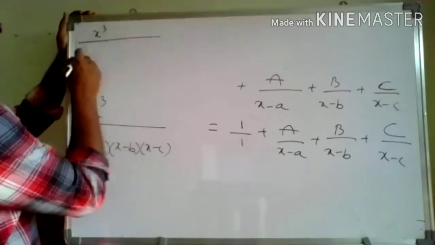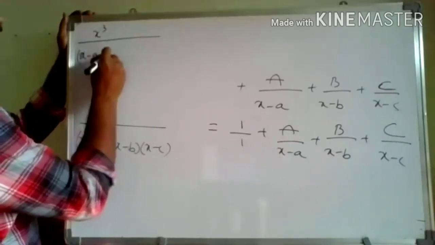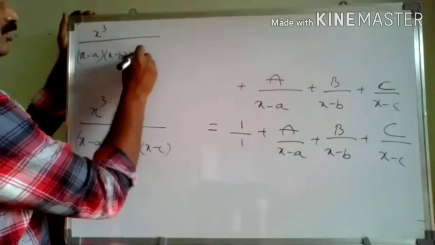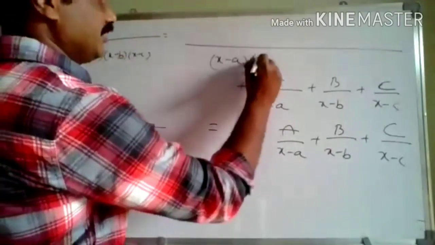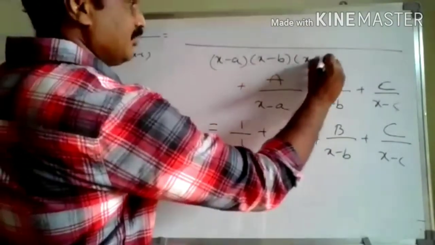x cube by (x minus a) into (x minus b) into (x minus c) is equal to your LCM, (x minus a) into (x minus b) into (x minus c).